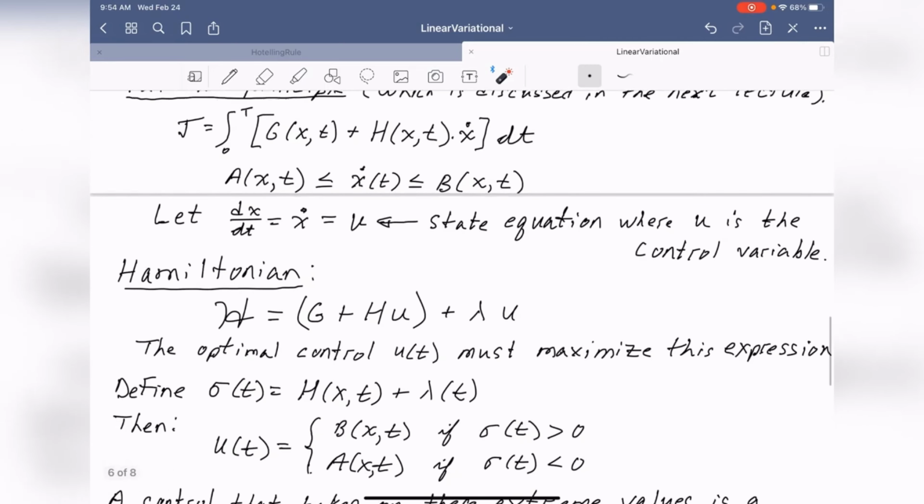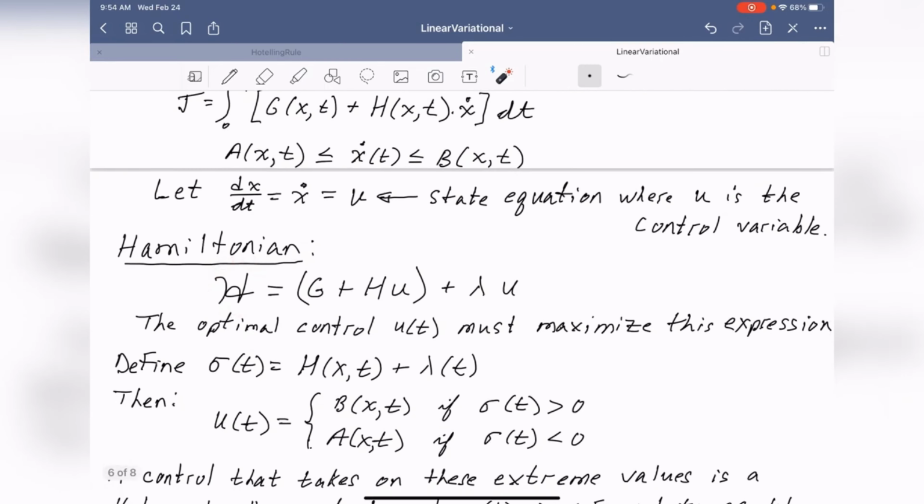So we write the Hamiltonian as the objective function, with the x dot equal to u put in place here, plus what we know as the Lagrange multiplier times this constraint here, because this is the constraint on the state equation. And we'll get into more detail in later lectures.